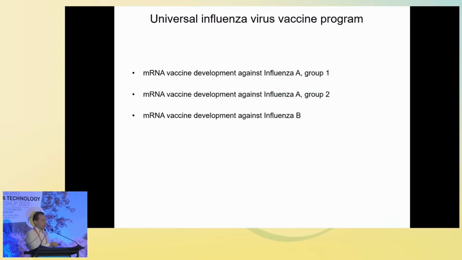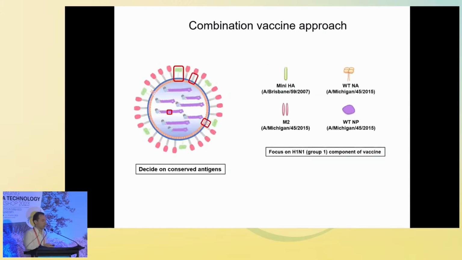We developed protective vaccines against influenza A group 1 viruses, group 2 viruses, and influenza B viruses. And right now we are putting together the final formulation and testing it in several preclinical models. So today I'm going to tell you about the group 1 studies and the influenza B studies.